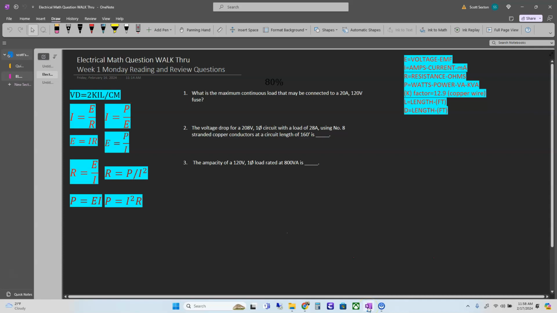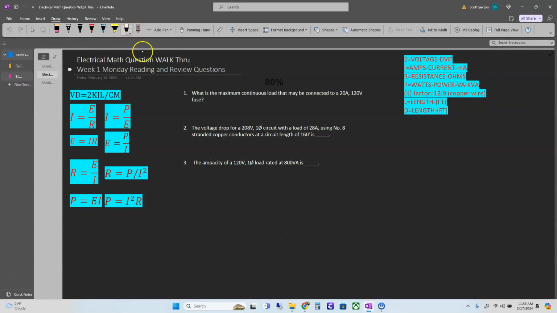So with that being said, let's work the calculation, shall we? So we have a maximum continuous duty load. We don't know what that is. We're saying how much can I put on a 20 amp, 120 volt circuit. So the question here is really, do I need the 120 to do this?